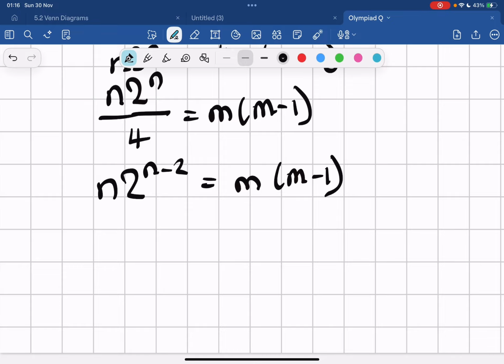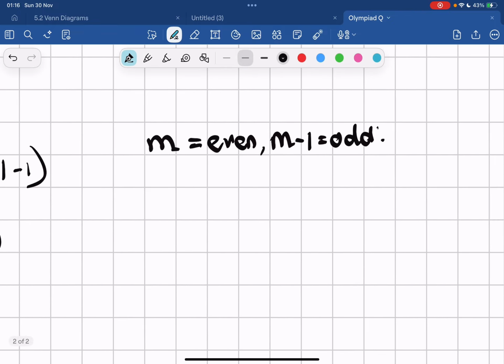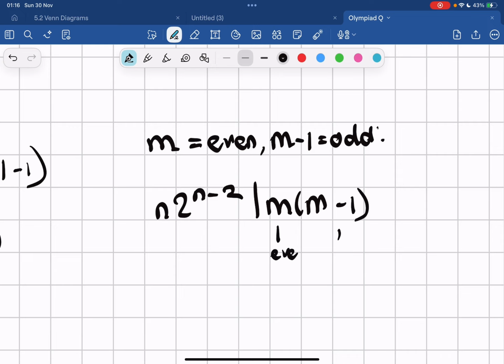From here, we can use some divisibility notation to write that n times 2 to the n minus 2 is divisible by m times m minus 1. For an even here and an odd here, n we don't know is even or odd.